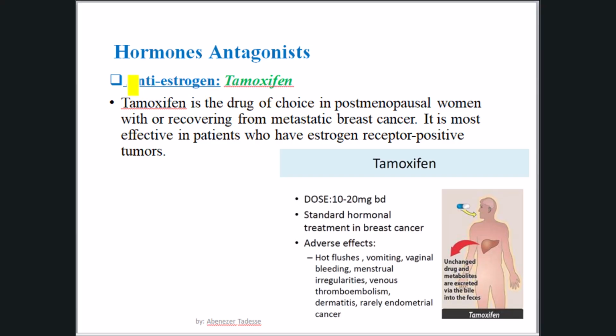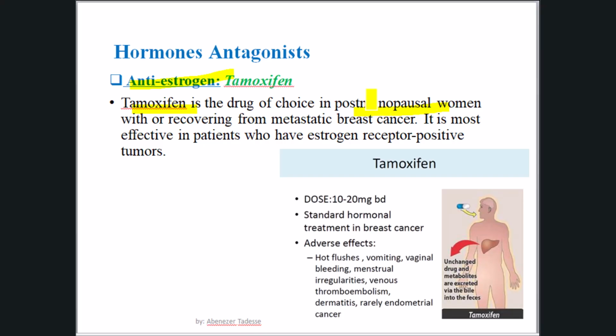So tamoxifen is especially the drug of choice in postmenopausal women. Breast cancer is due to lifetime exposure to estrogen. There is an estrogen receptor on the breast.